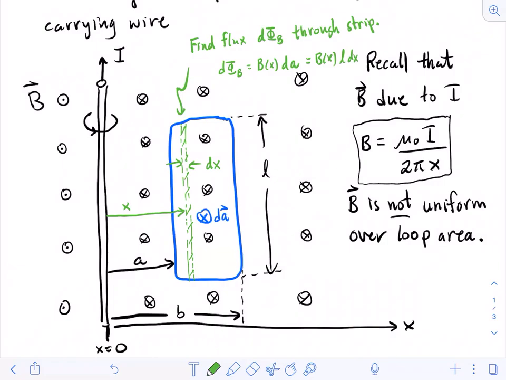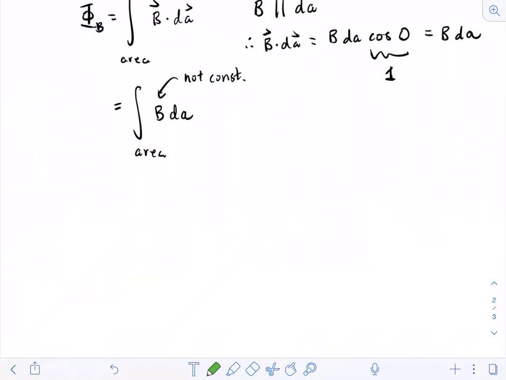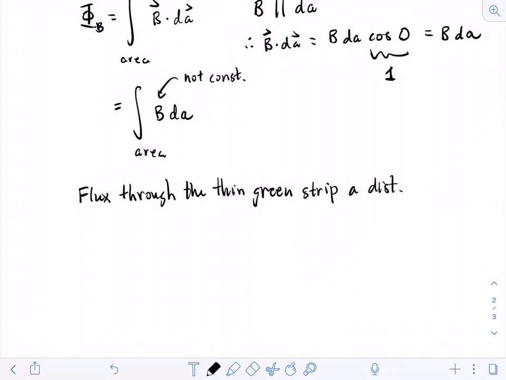Okay, so we want to say that the flux through this little strip is equal to the magnetic field at position x times the area of the strip, which is just L times dx. And for B at x, we're going to use this expression. So the flux through the thin strip, which we've drawn as a green strip, a distance, say, x from the wire, is d phi b, which is B at x times dA.